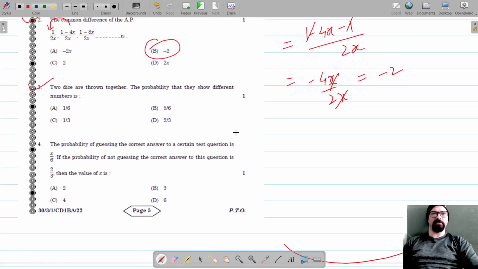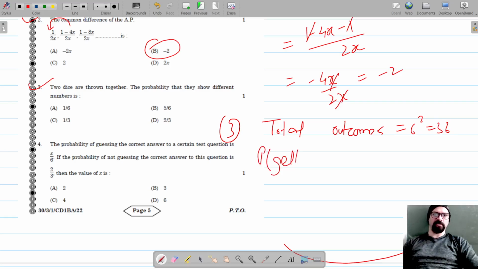For question number 3, two dice are thrown together, and the probability that they show different numbers. Now the total outcomes when two dice are thrown is 6 squared, which is equal to 36. And the probability of getting the same number on both dice, that is the doublets.